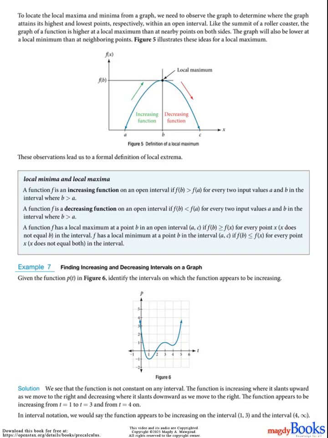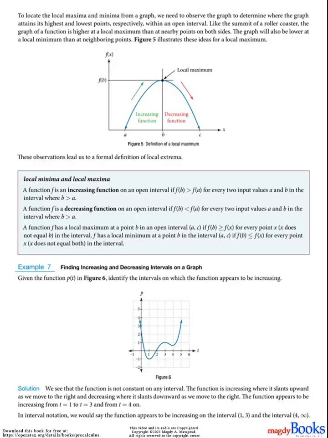Figure 5 illustrates these ideas for a local maximum. Figure 5. x, f of x. Increasing function. b, f of b, is the local maximum. Decreasing function. Figure 5, definition of a local maximum. These observations lead us to a formal definition of local extrema.